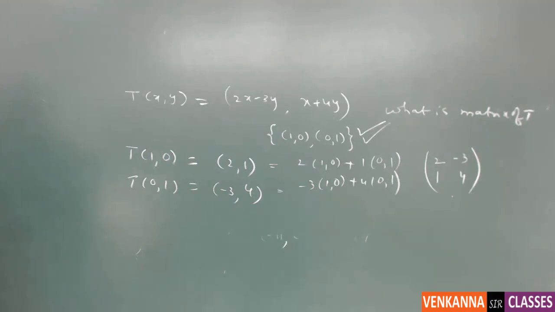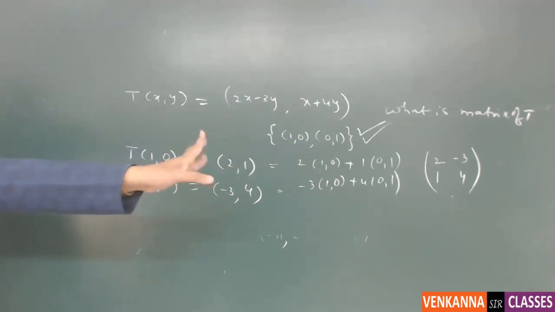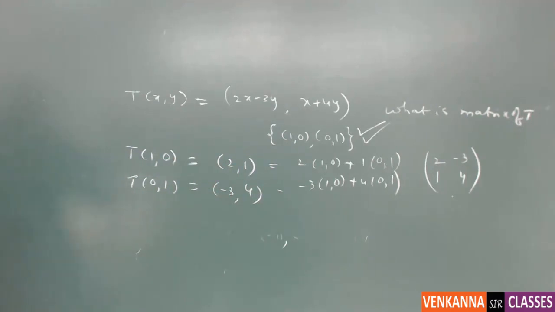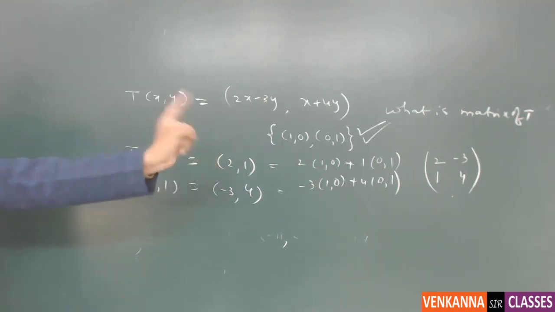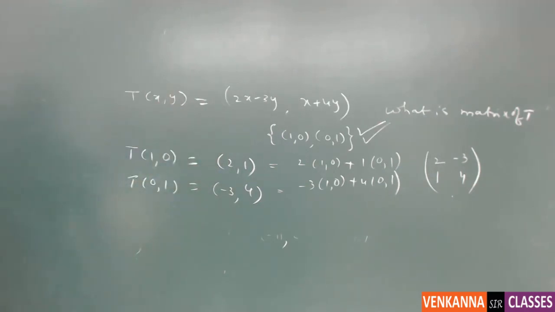So whenever the standard basis is given, we simply consider the x coefficients and write them as a column, the y coefficients as a column, the z coefficients as a column, and you will get the required matrix of T. That's all, because you are using the standard basis. If you use any other basis, the matrix will vary. The matrix of the transformation will vary from basis to basis. That is very important. Okay? Are you clear?